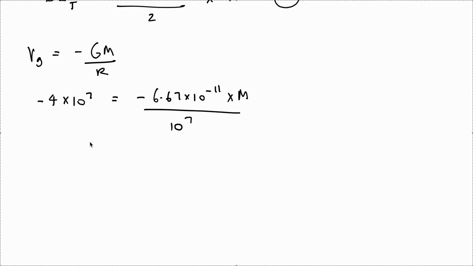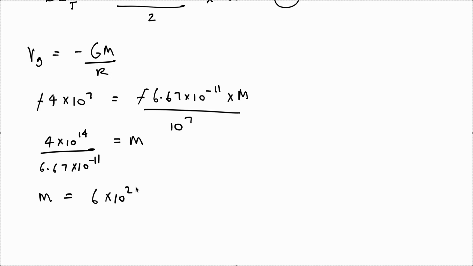The negatives cancel out, giving 4 times 10 to the power of 14 over 6.67 times 10 to the power of negative 11. That will give me the mass of the planet. Putting this into the calculator gives approximately 6 times 10 to the power of 24 kilograms.